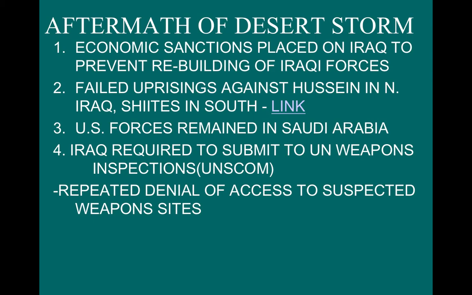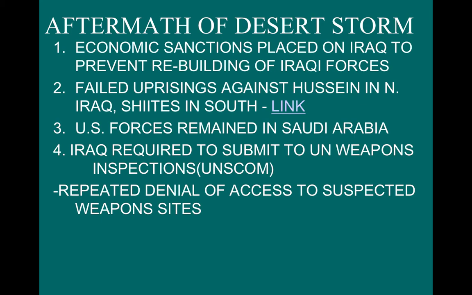Between 1991 and 1998, a recurring story in the news was that at different times, Saddam Hussein and Iraq would not allow UNSCOM to fully conduct their weapons inspections. So this happened repeatedly. These denials were typically met with some degree of U.S. force being applied.